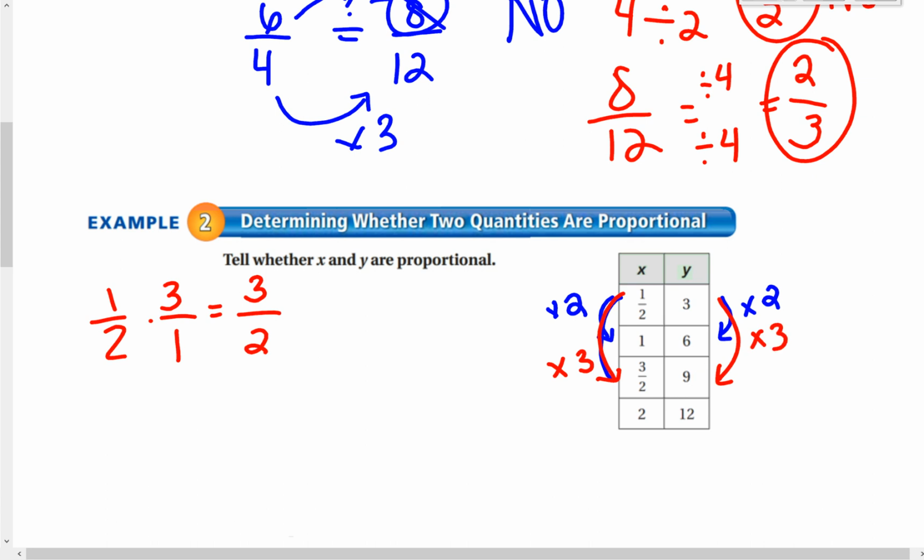Let's check our last one in here. We have 1 that can go to 2, or we could have done 1/2 could also go to 2. It's just easier to do 1 to 2, which is why I'm choosing that one. To go from 1 to 2, we are multiplying by 2. To go from 6 to 12, we also multiply by 2. So yes, they are proportional.